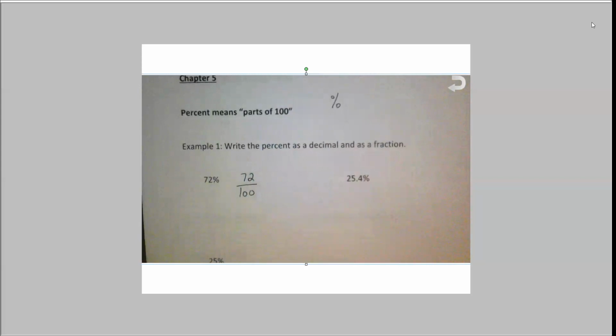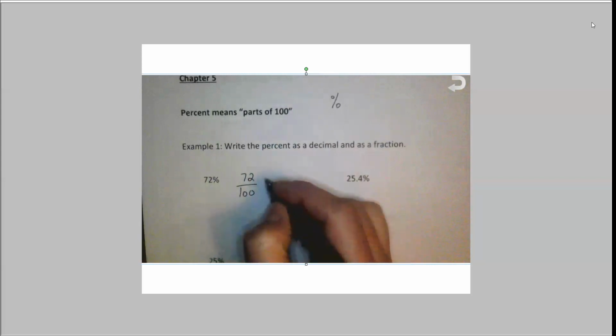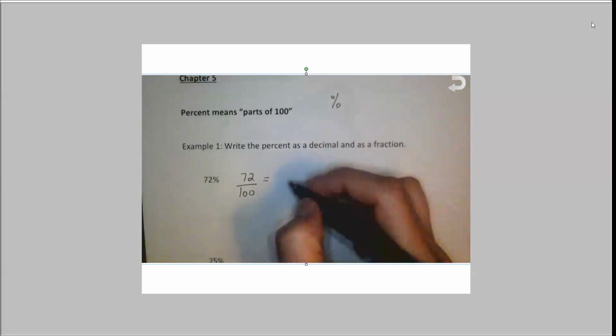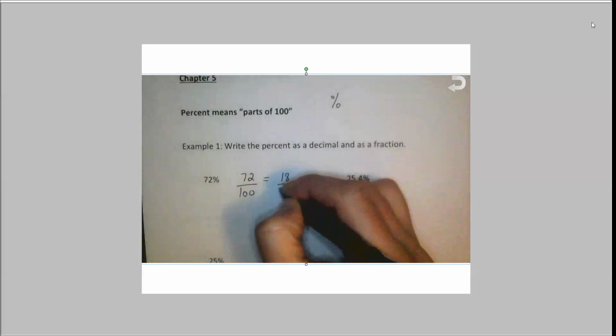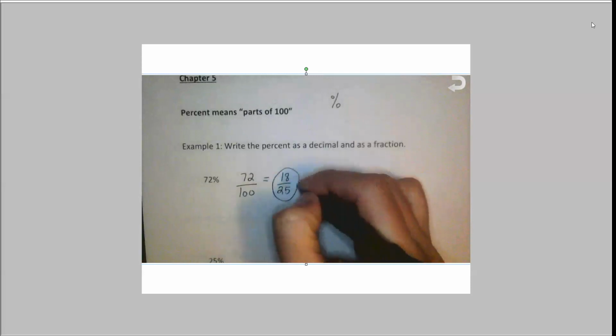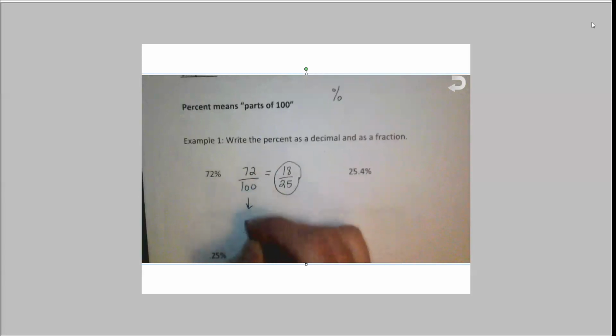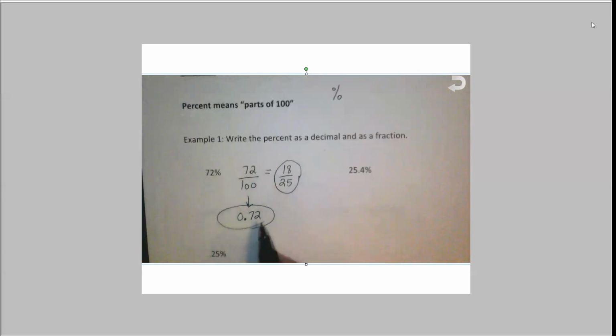And then, of course, I would want to reduce my fraction to lowest terms. Both the numerator and the denominator here are divisible by, I could start by 2, but I can go in 4 times as well, and that gives me the fraction 18 over 25. But this form right here is also very helpful in allowing me to convert this fraction into a decimal, because I read that 72 hundredths, and that's what also allows me to write that as a decimal, 0.72.